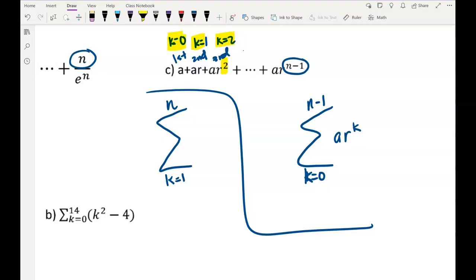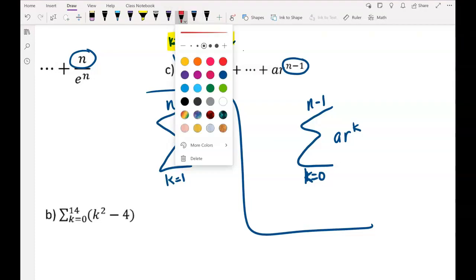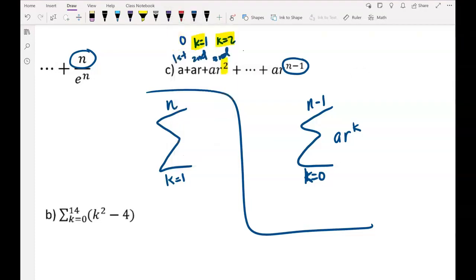So what would happen if we plug in 1 to start with? Let's plug it in. Ready? When k equals 1, I have an a. When k equals 2, this is my second term, I have a r, so r to the first power. When k equals 3, that's my third term.